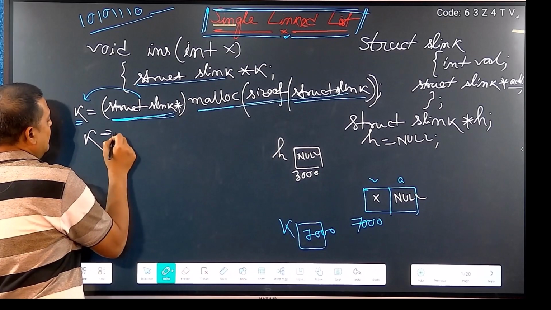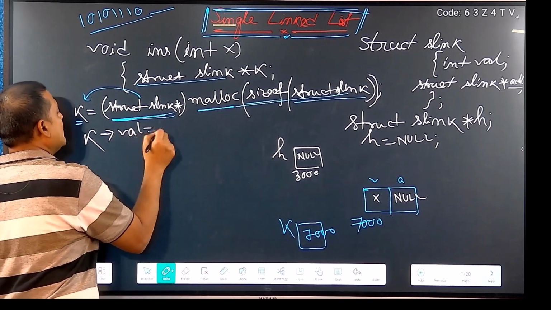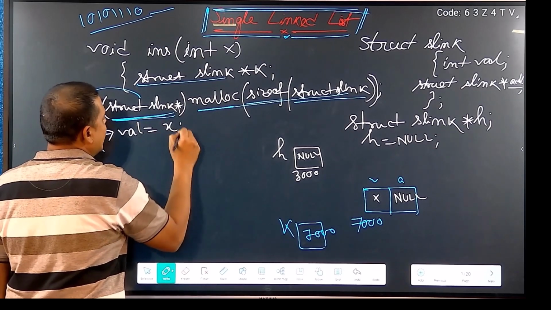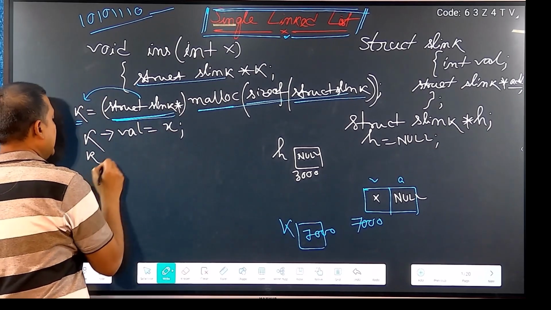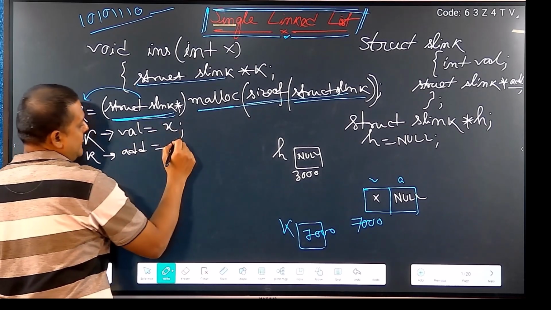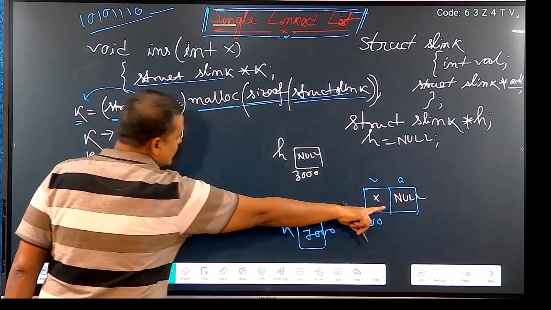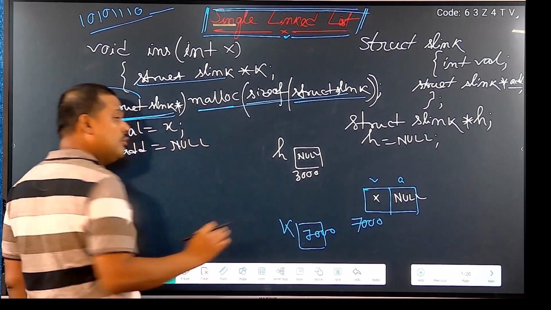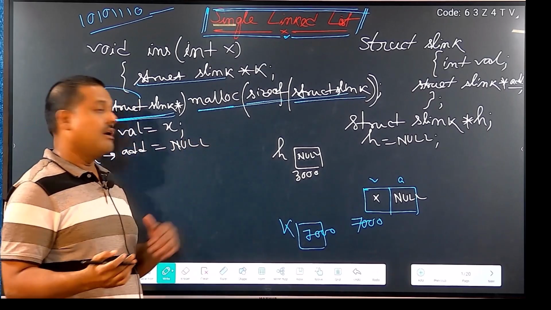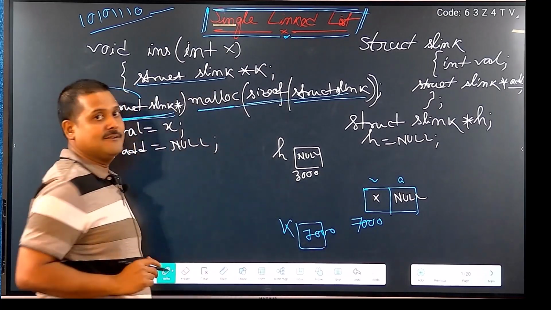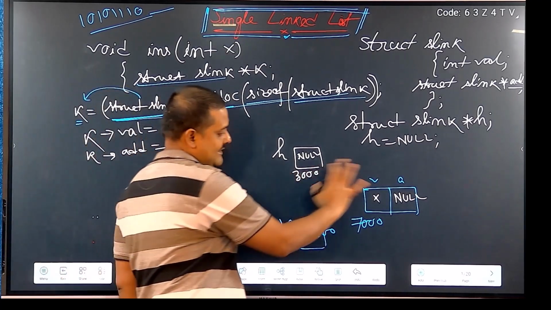So, k arrow value will be assigned the x value, and k arrow address part will be null. Initially, I do not know what will be the next node after this, so we are assigning this place as null. So, now it is created.